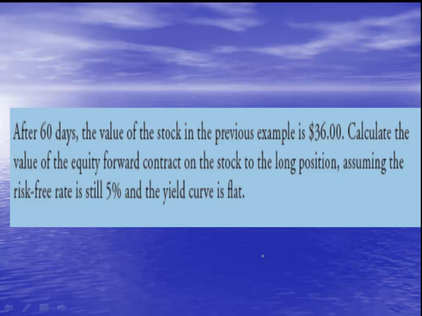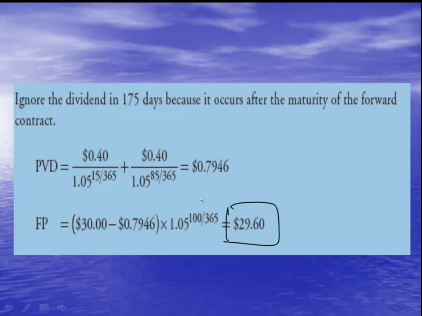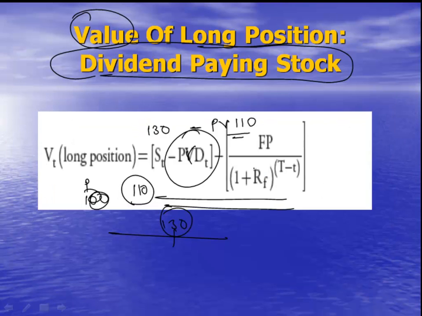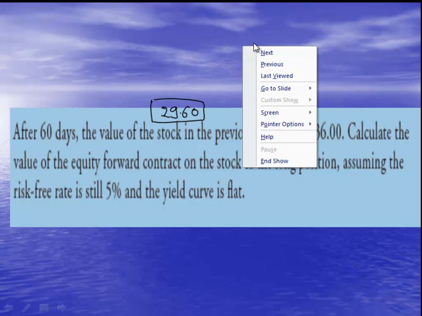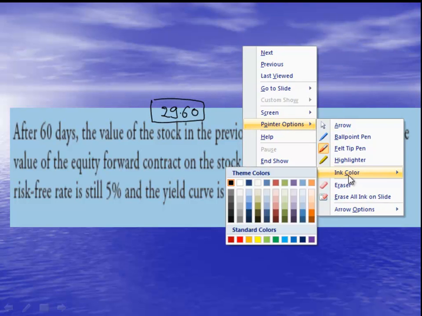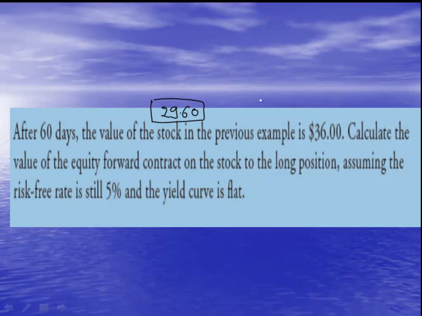You might want to see the value. It was 29.60. This was the forward contract price. Earlier was 100 days, right?